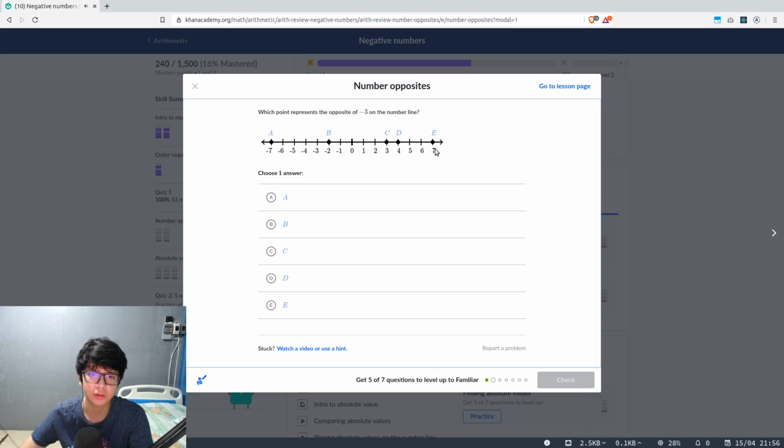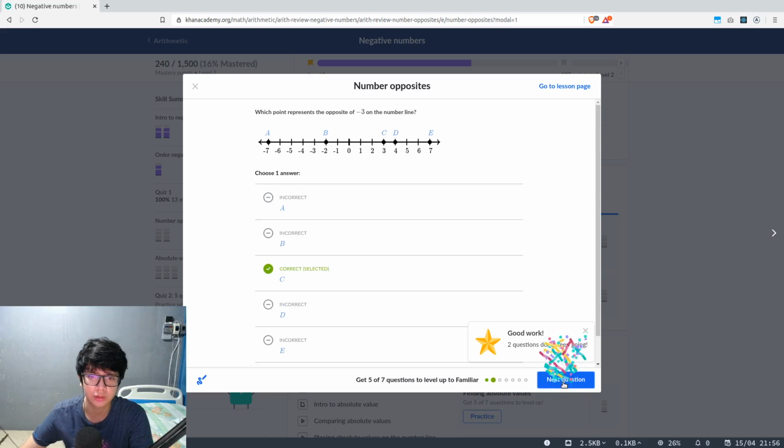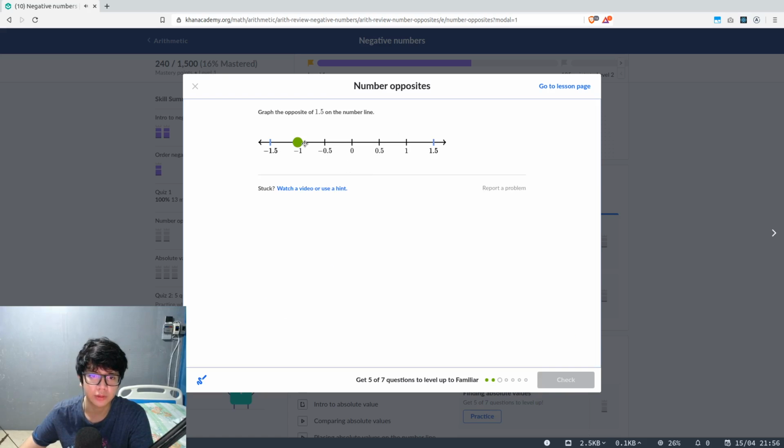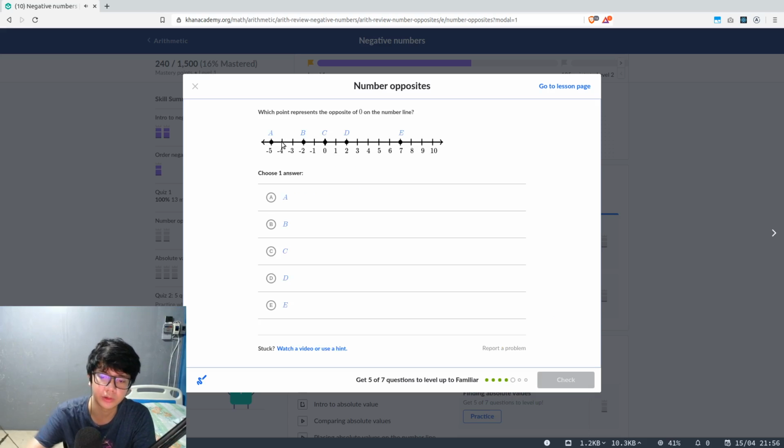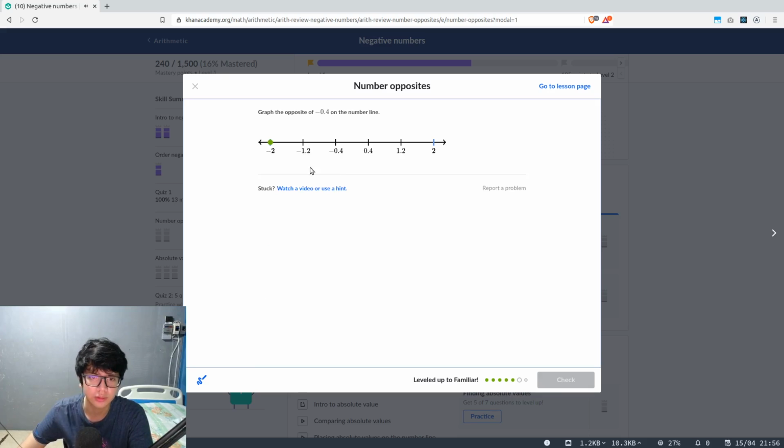Which point represents the opposite of negative 3 on the same number line? It's going to be C. Graph the opposite of 1.5 on the number line. What number is the opposite of 8.7? Negative 8.7. Which point represents the opposite of 0 on the number line? Still Z. Graph the opposite of negative 4 on the number line.